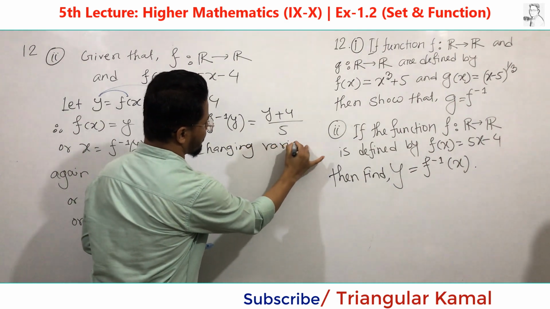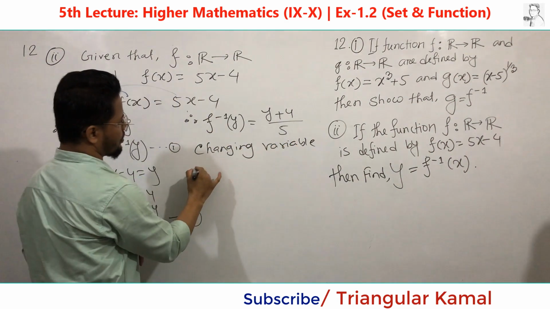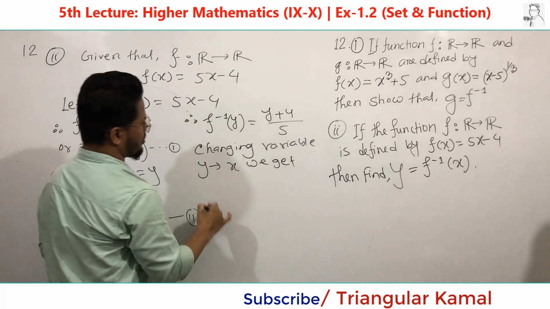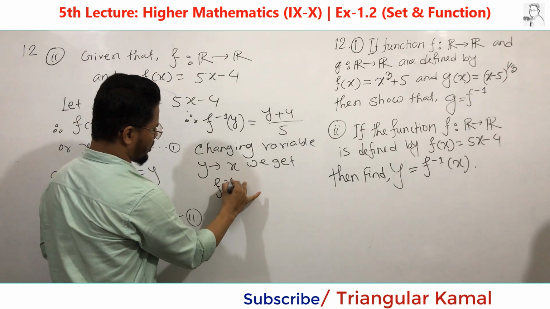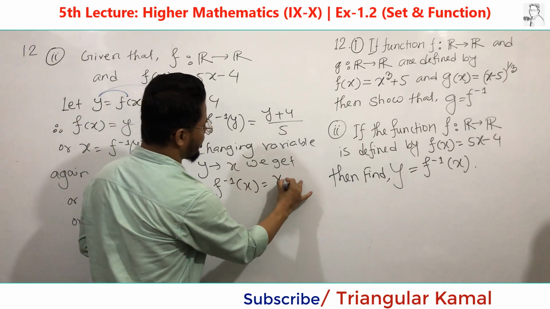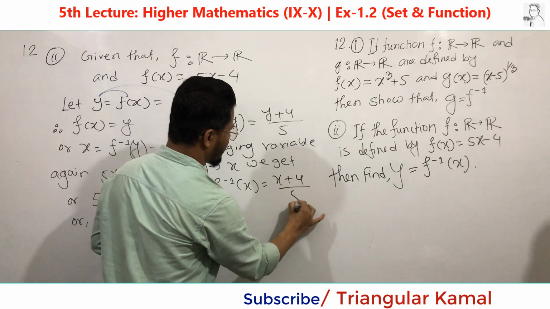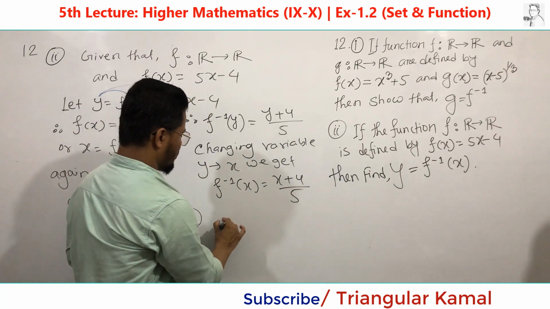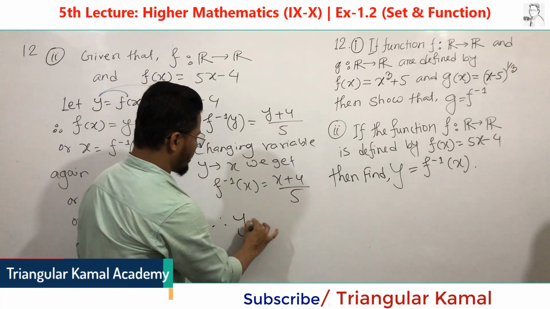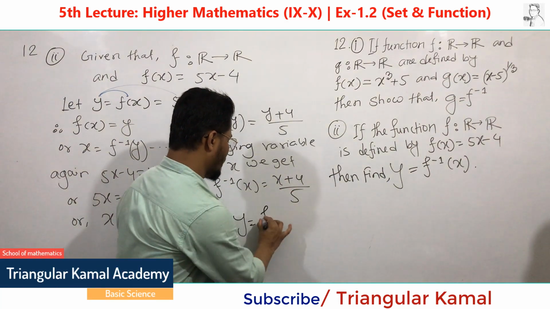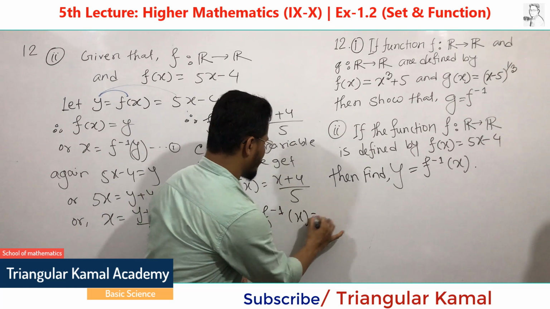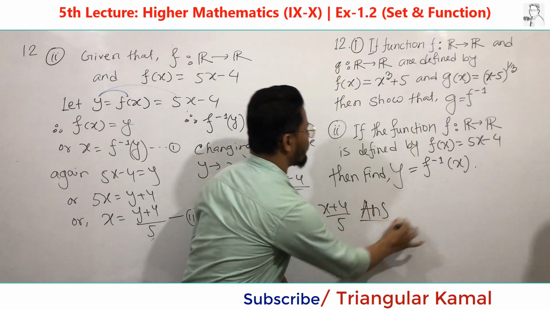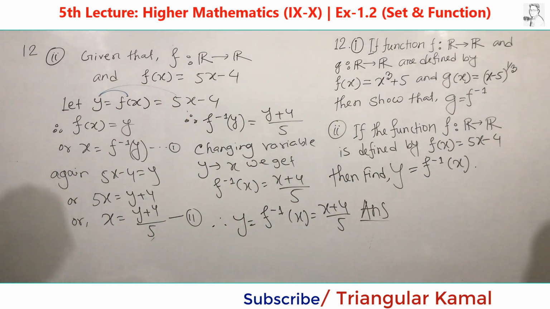Changing variable y to x, we get f inverse x equal x plus 4 divided by 5, which is our answer.